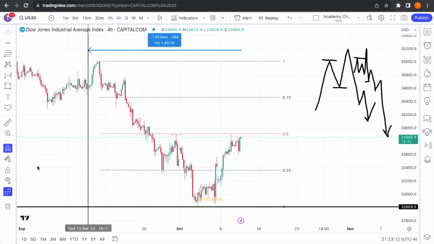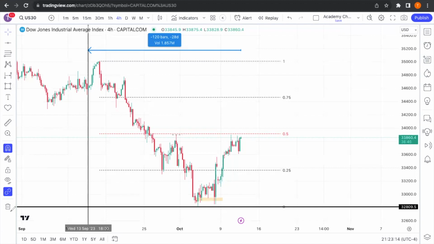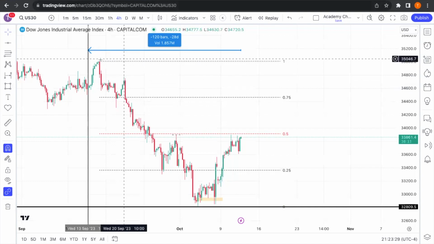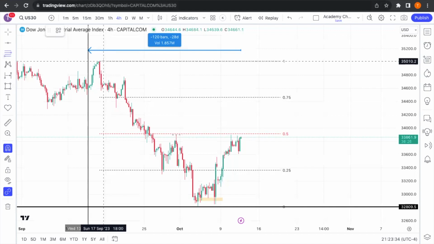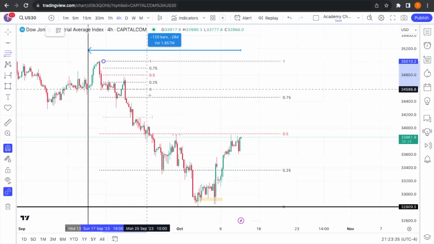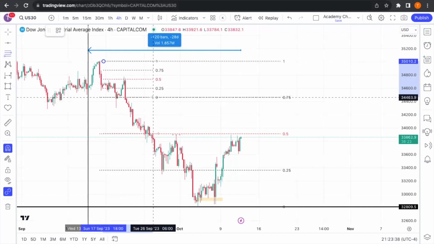So what we can do with some of these levels, because you see like here, if you want to get real geeky with it, you want to see every turn. You're like, what the heck is going on? I see this turn here, but why isn't it at that level? I see this turn here, but why isn't it here? Because price is fractal. So these levels we can cut up.